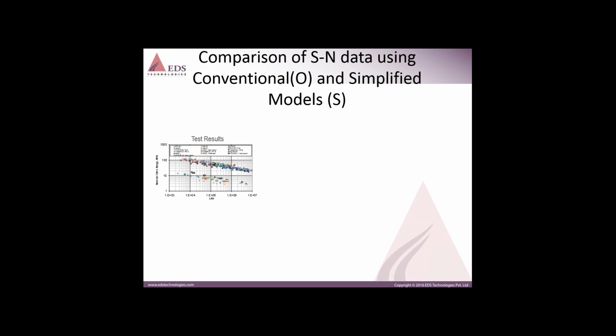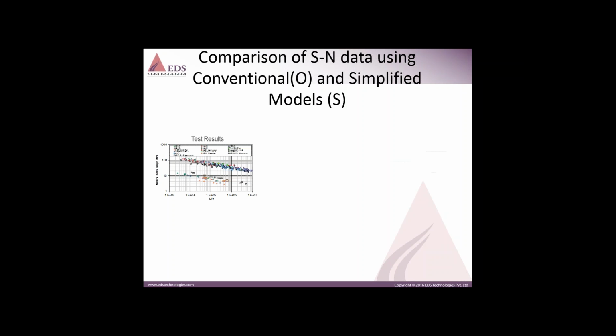Now let us compare how an S-N curve can be collapsed using both the conventional and simplified models. Again, we are going back to the example of plotting nominal stress range, and we can see that there is no real possibility of making everything collapse on a single line. There is quite a bit of scatter.